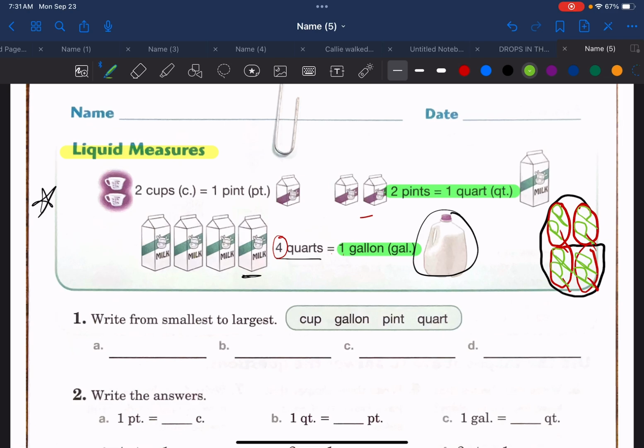All right, and then finally, the last one is there is 2 cups in each pint. So I'm going to now do 2 little C's inside each of those P's. 1, 2. 1, 2. 1, 2.